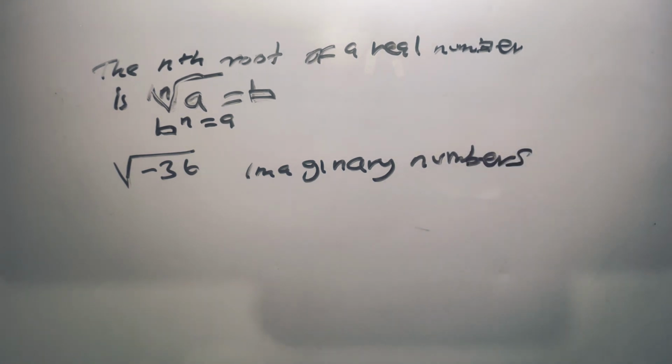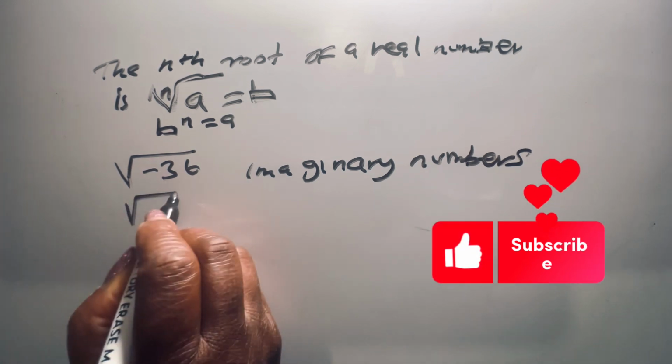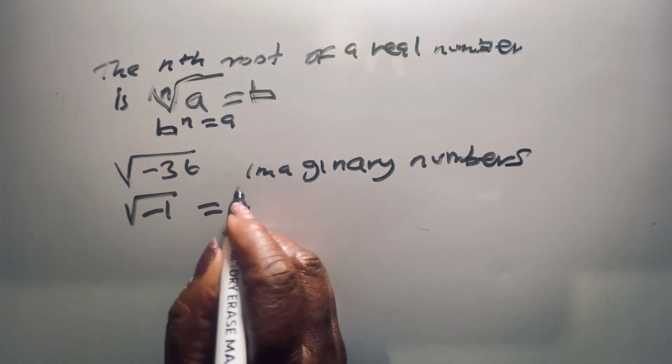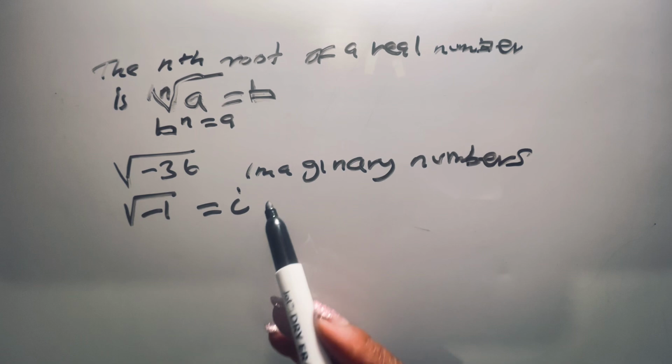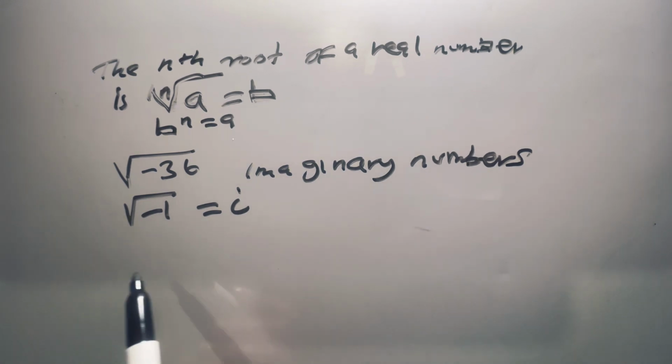This is because the square root of a negative number is not a real number. In fact, the square root of negative 1 is i. So we're going to use the concept of imaginary numbers, because the square root of a negative number is not a real number, but an imaginary number.